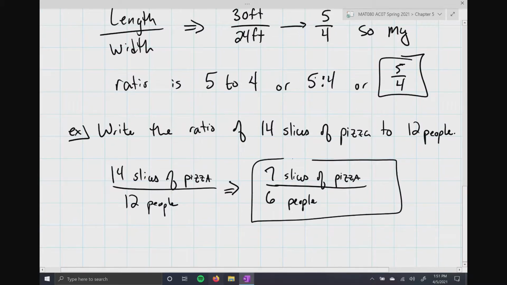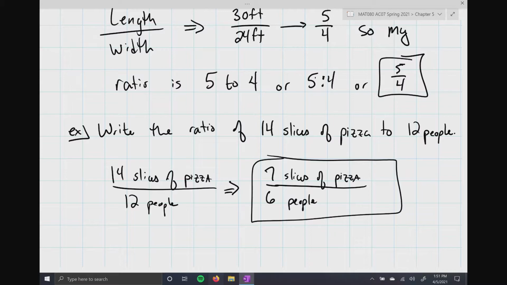Now, something happened between this problem and the previous problem. Can anybody tell me what it is? The old one was like feet to feet, but this one's like pizza to people. Exactly.